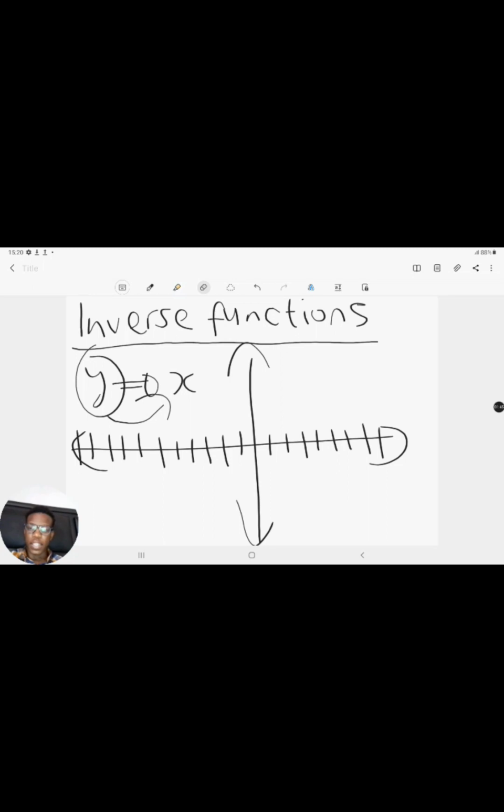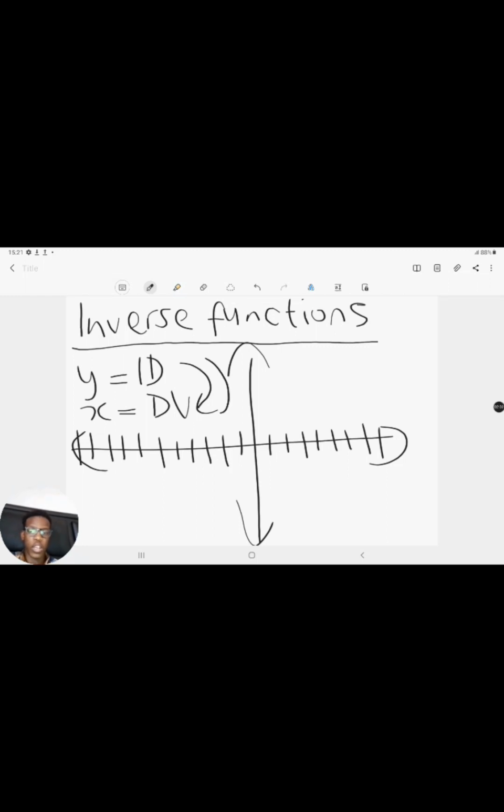In essence, we are making y the independent variable and x the dependent variable, whereas for functions these two things are reversed. So let's hop right into it.